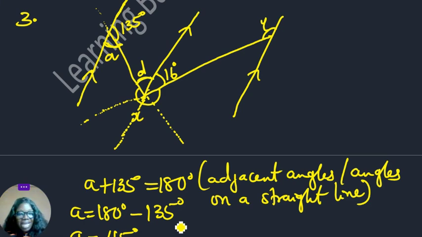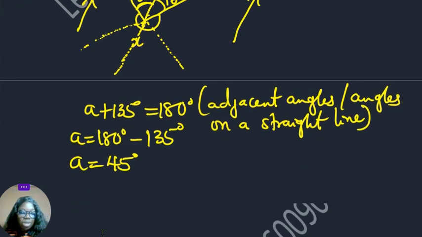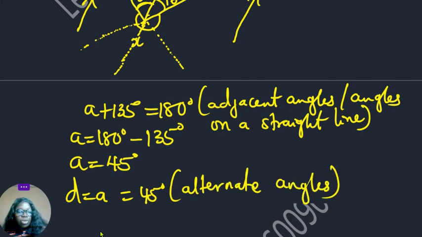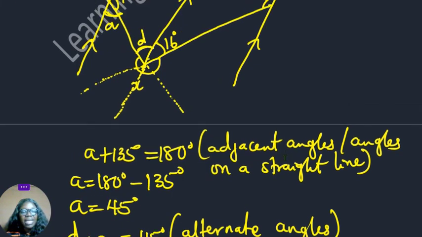Then if you look at the right side of the transversal, above the parallel line, you have angle D. So A is alternate to angle D. So it means A is equal to D. So D is equal to A, and that's equal to 45 degrees. The reason is they are alternate angles. So angles A and D are called alternate angles.